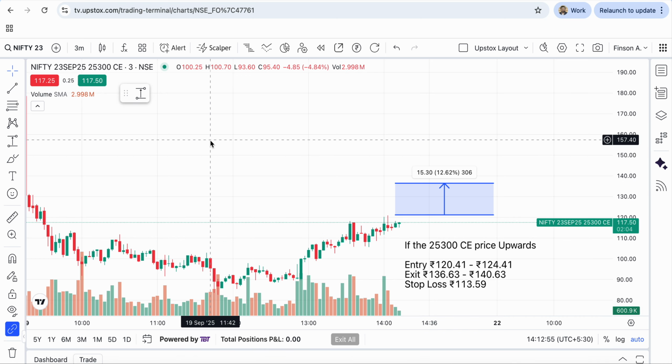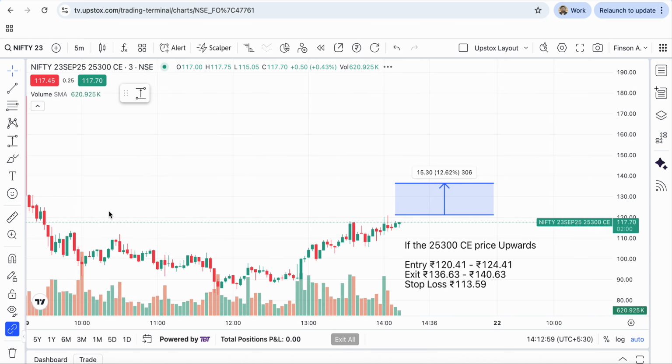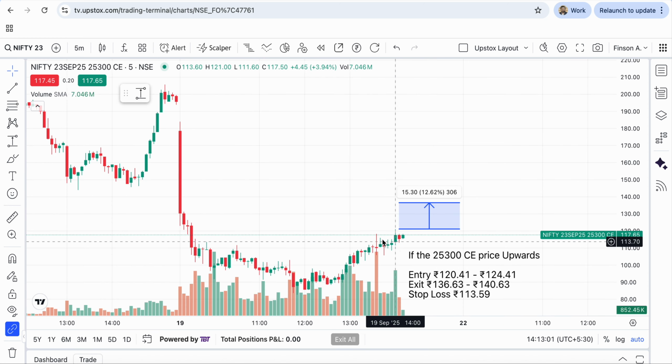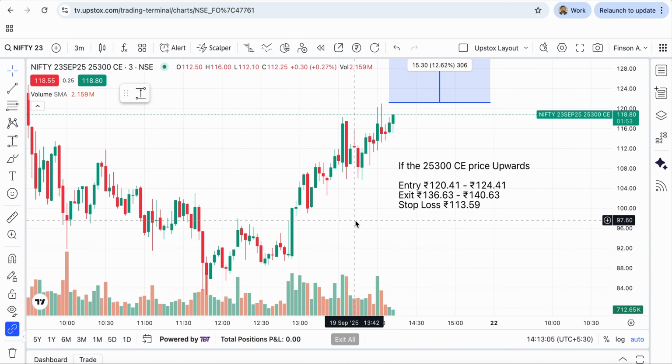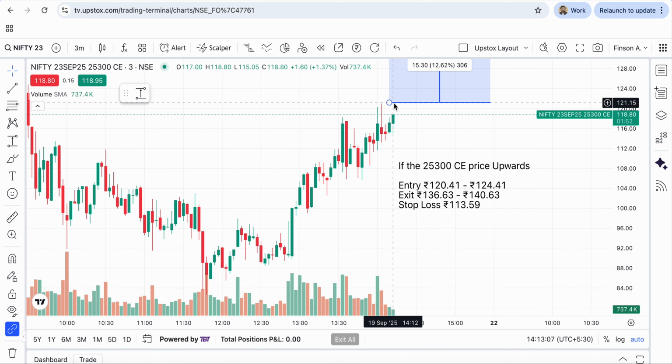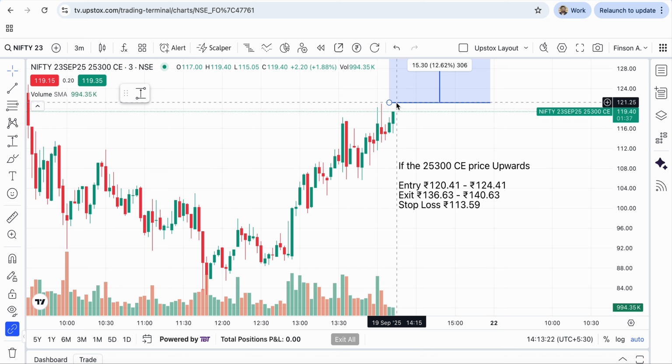It's very simple. You should check the 3 minutes and 5 minutes chart. The 5 minutes chart is here and the 3 minutes chart is not a big difference, but there is some difference. Sustain means this candle or the next 3 minutes candle touches here.